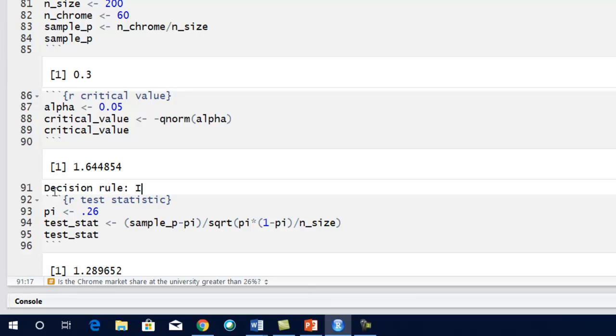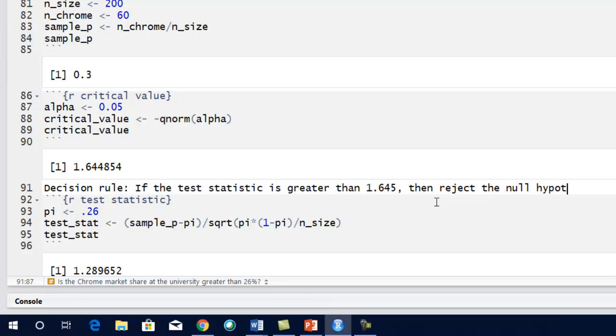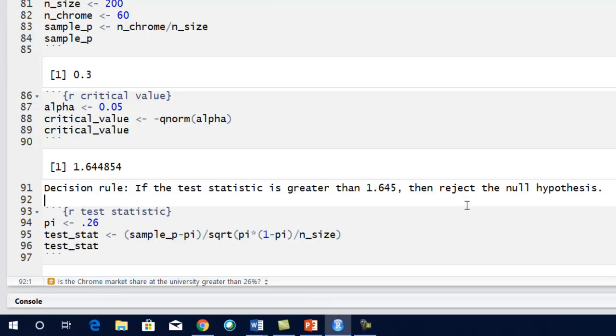The decision rule says: if the test statistic is greater than 1.65, because this is an upper tail test, or, if I want to be more precise, 1.645, then reject the null hypothesis.